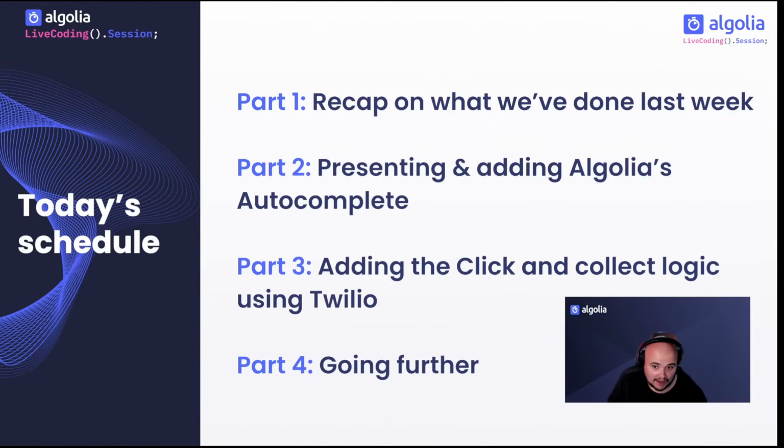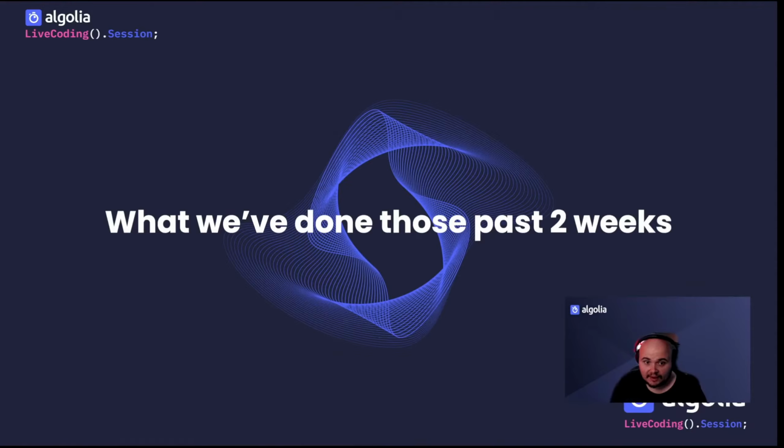Finally, we'll add the click and collect logic using Twilio and their SMS API. And finally, we'll open the discussion to see what we can do to improve our app. Without waiting more, let's dive into the recap of what we've done for the past 2 weeks.